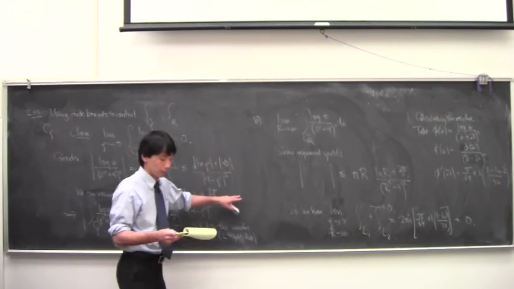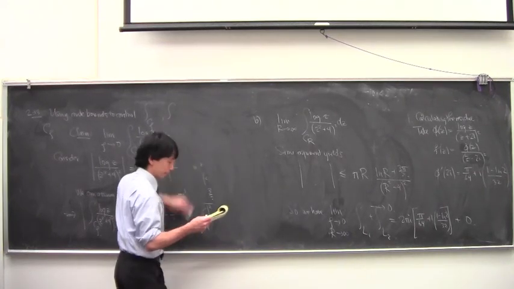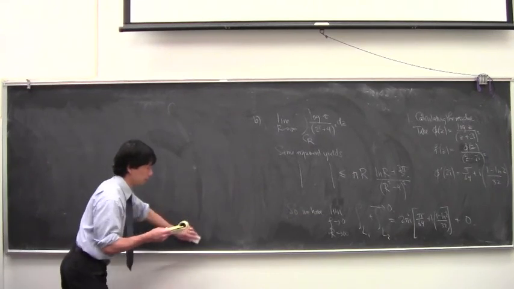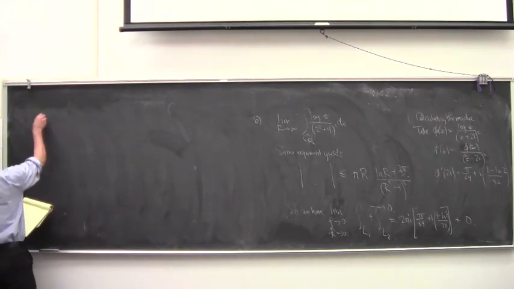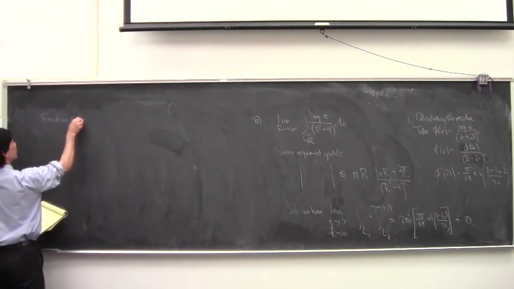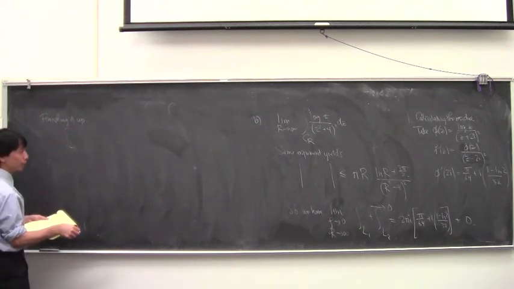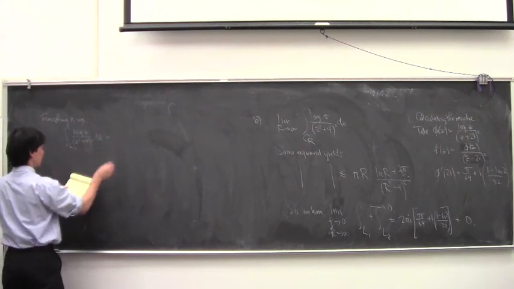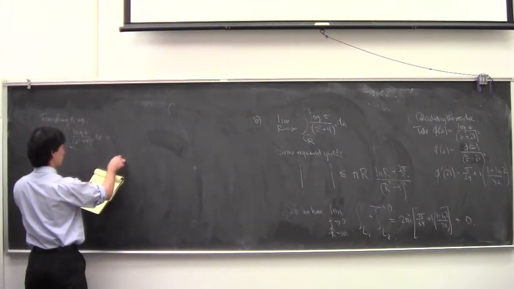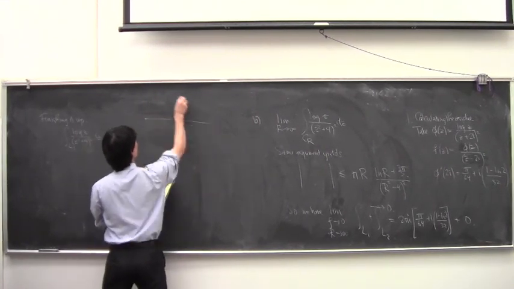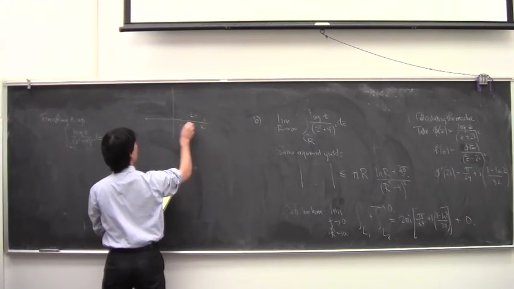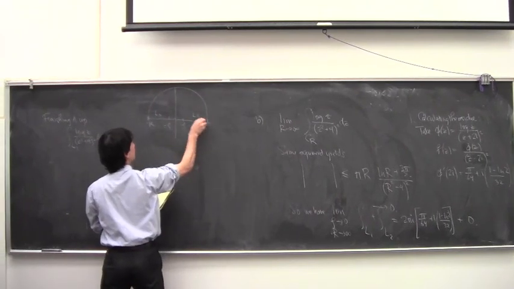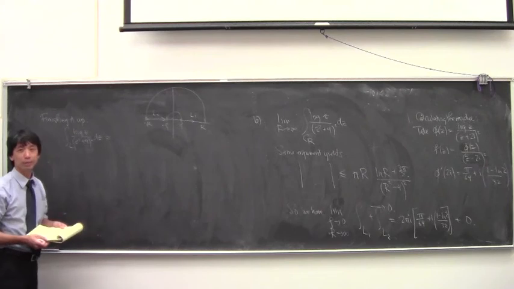Okay. And now let's finish it up. So finishing it up, if we look at the integral over L1, this part we call L1, from rho to r, and from negative r to negative rho is what we call L2.